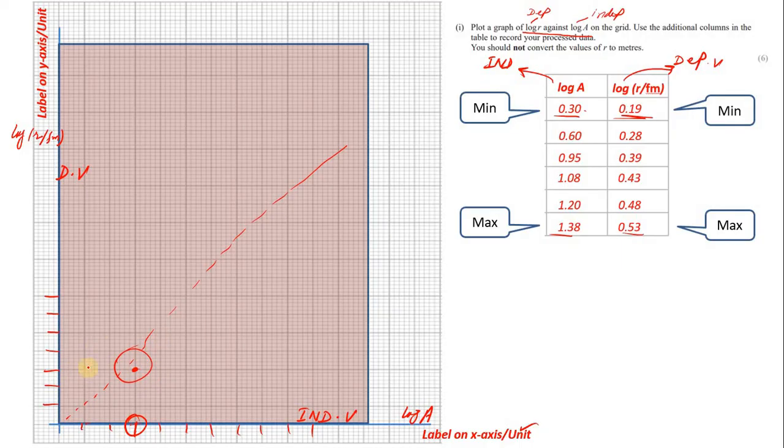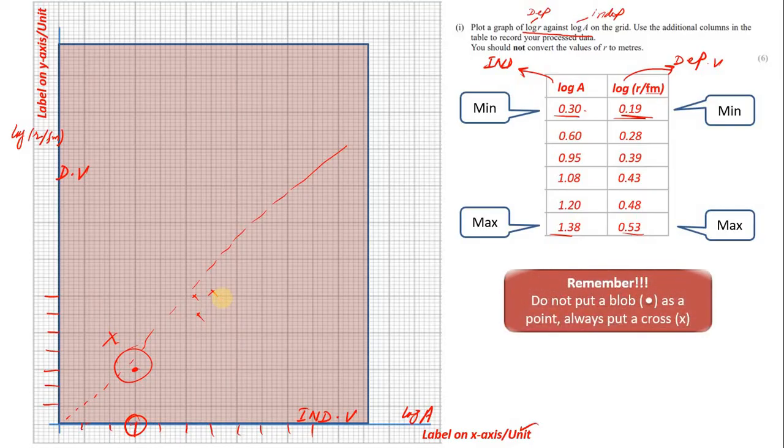Do not put a blob. This is wrong, you will lose marks. Instead of a blob, we need to put a very small cross, something like this. Very small, so that you can get the marks. So we do not put a blob for a point. Instead, we always put a cross.